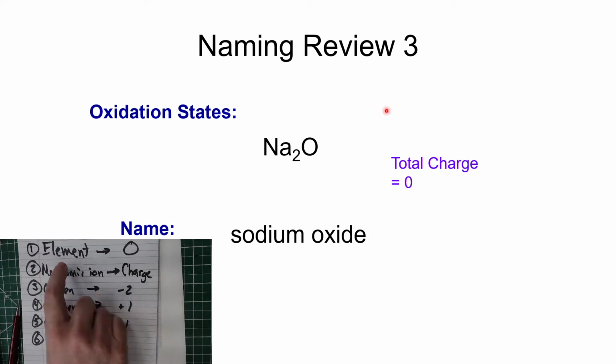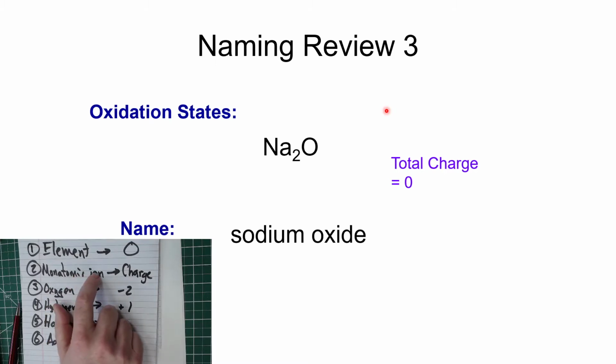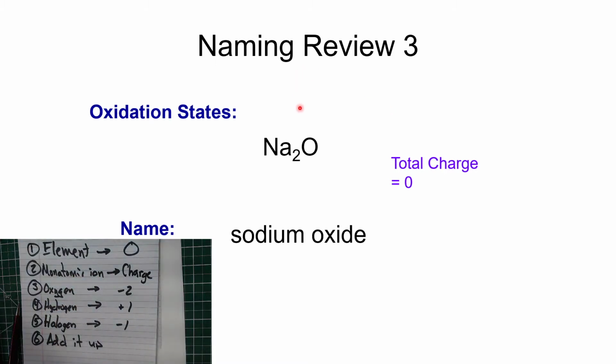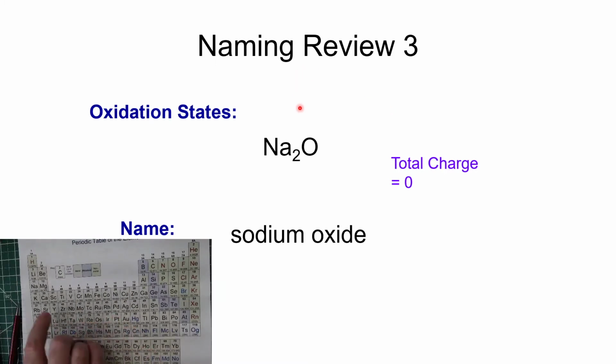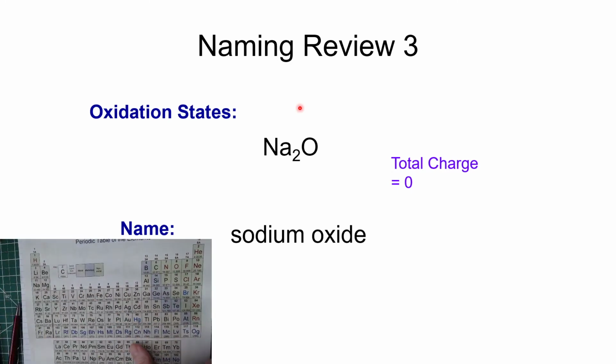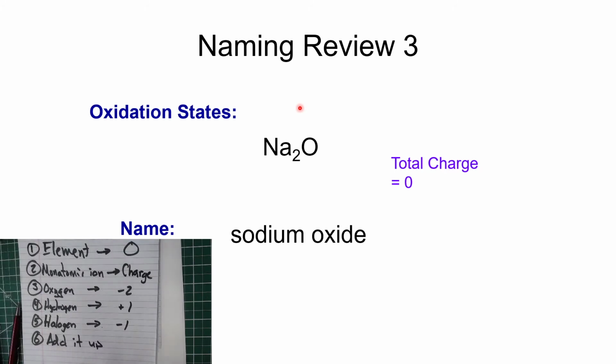So now we need to look. We already know it's not an element by itself. Are there any monatomic ions present? Well, yes, sodium is present. Now, oxide is also present, but sodium is present. Sodium is in group 1, and group 1, as we know, always has a positive 1 charge. So we'll put positive 1 over the sodium. We're now going to take that positive 1 and multiply by 2, and that gives us positive 2.